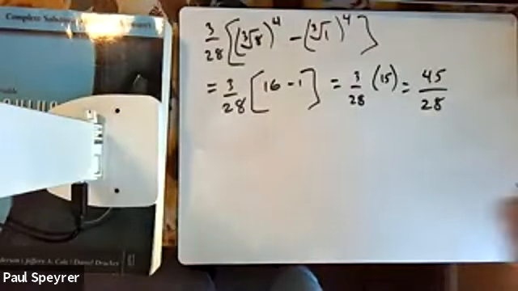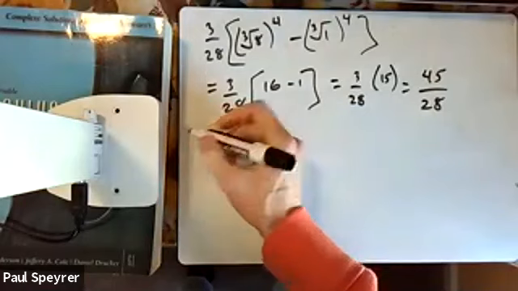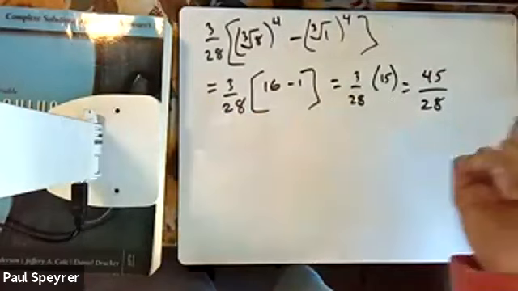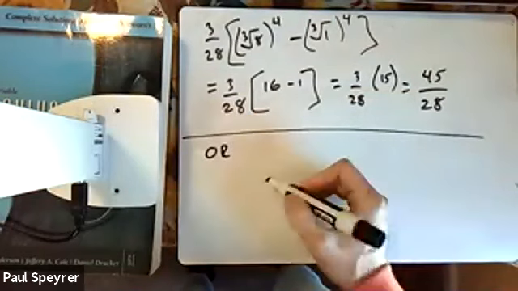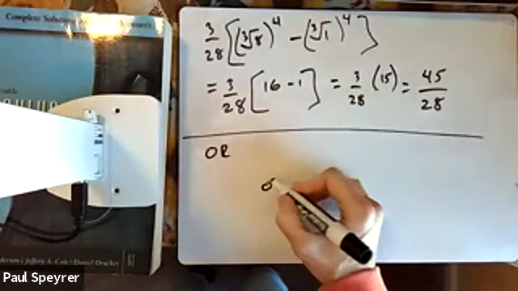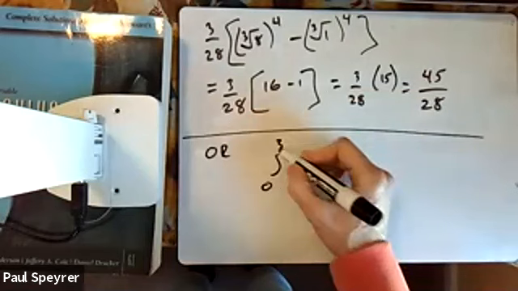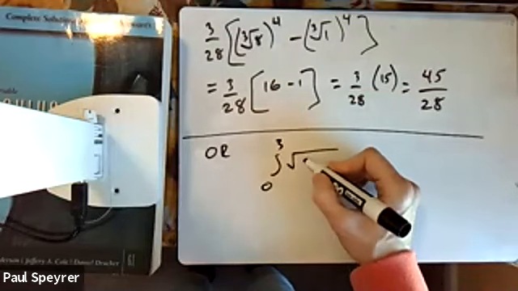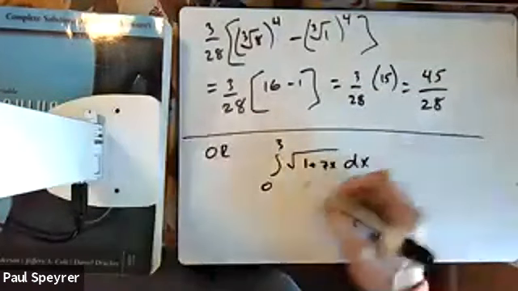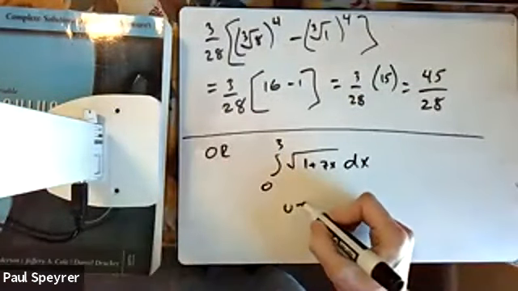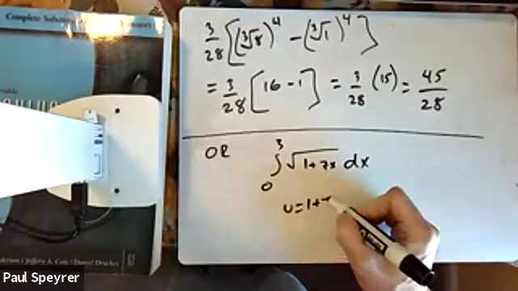Okay, that's one method of doing it. I'm saying one method because there is another way. You'll get the same answer. Let's say you don't like the whole changing of the limits. So this is the same problem, right? We still have to do substitution.